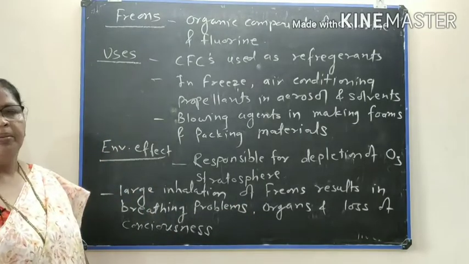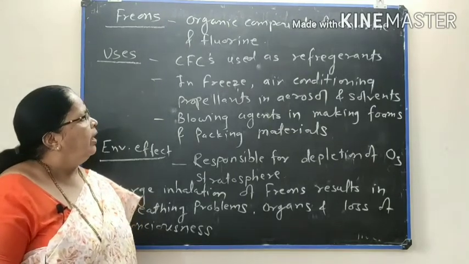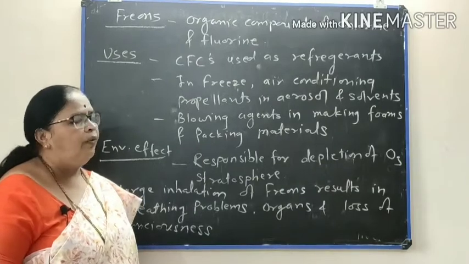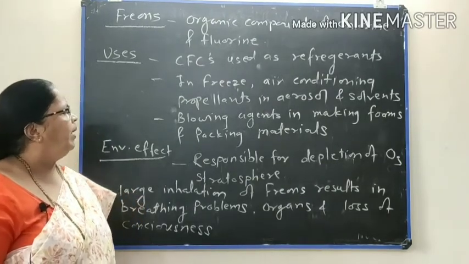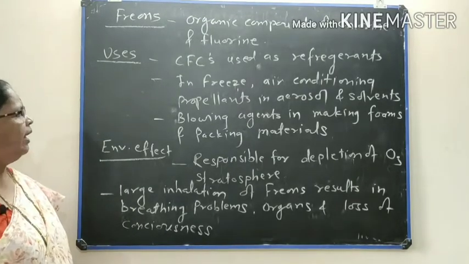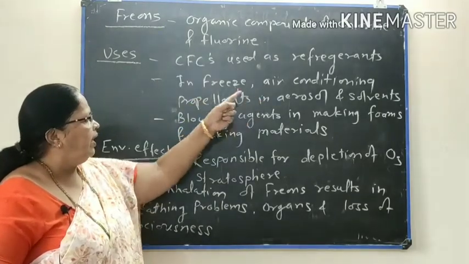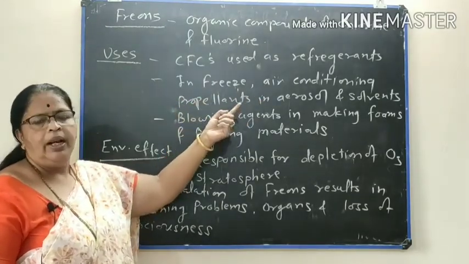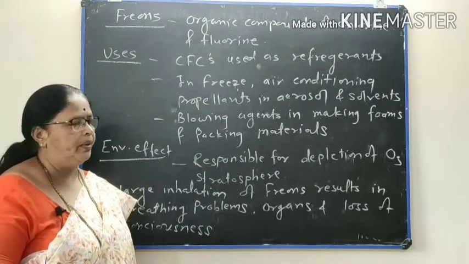Once again, see, freons are prepared from chlorine and fluorine, for example difluoromethane. Mainly it is used for the cooling process as a refrigerant. It is used in fridges, air conditioning, as a propellant in aerosols and a solvent for the extraction of different organic compounds.